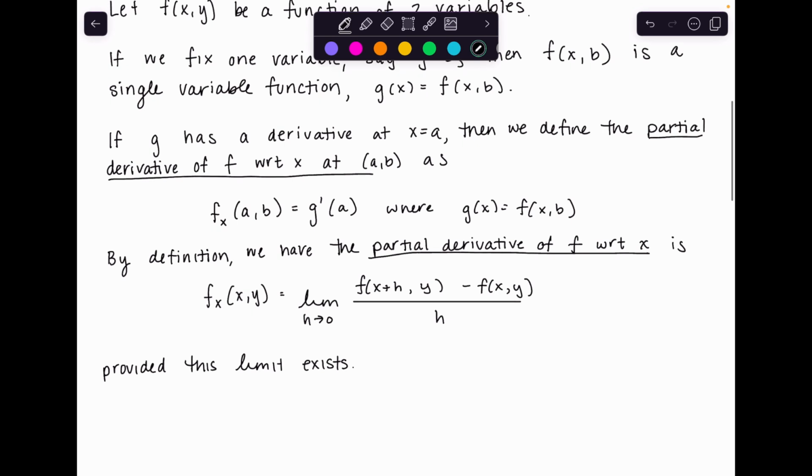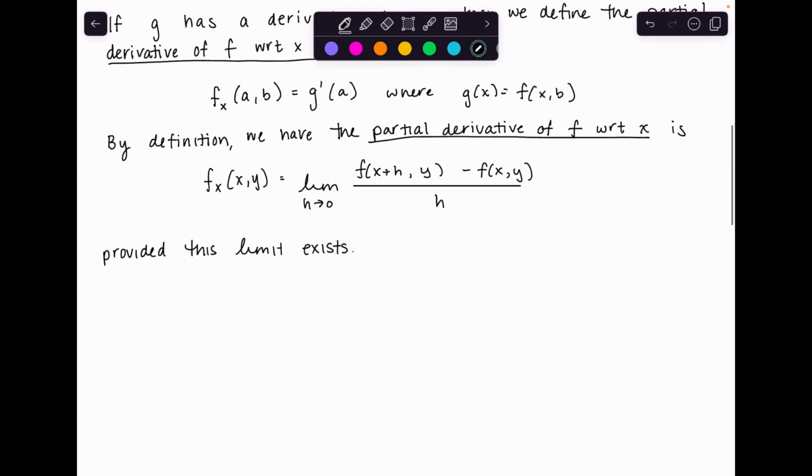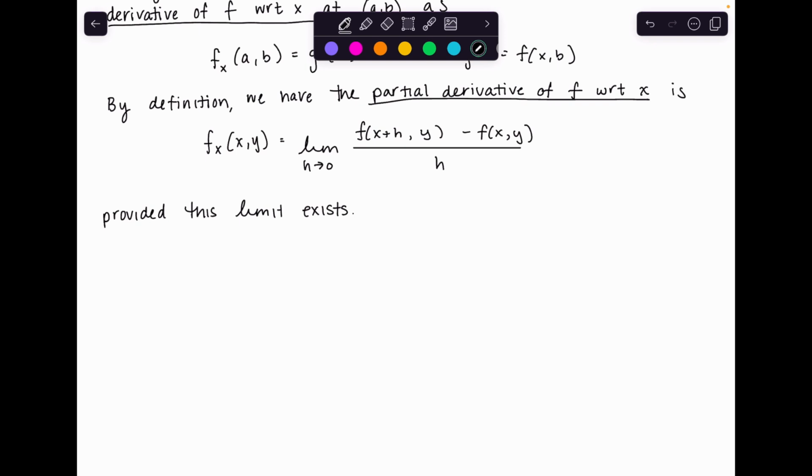And then in the same way, you could do the exact opposite. You can consider x to be the thing that's constant and instead apply this change to the y component. And that would be the partial derivative of f with respect to y. So in the same manner, the partial derivative of f with respect to y is the following.